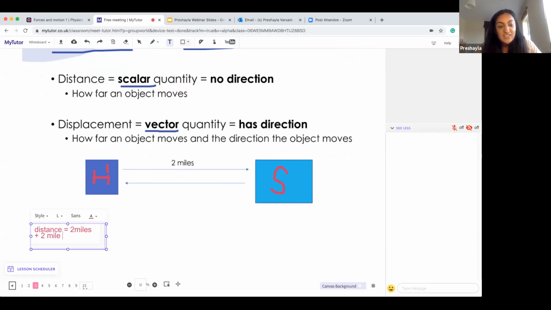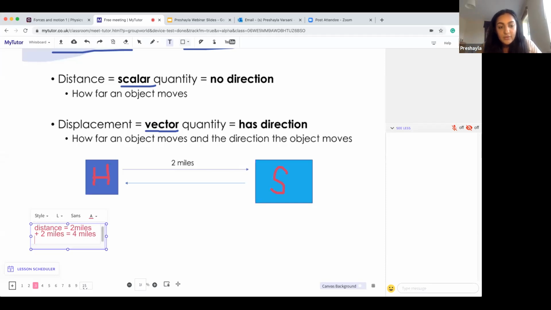And that tells us the distance. We don't really care about the direction, because distance doesn't tell us direction. It only tells us how far we've actually moved. And so the total distance that you've moved going from your house to school and school back home is 4 miles.